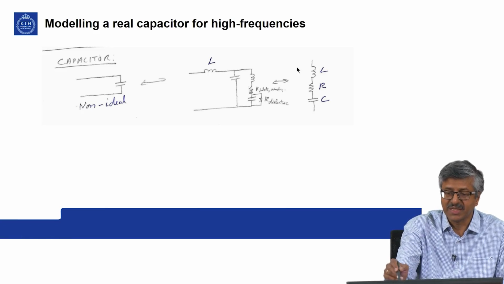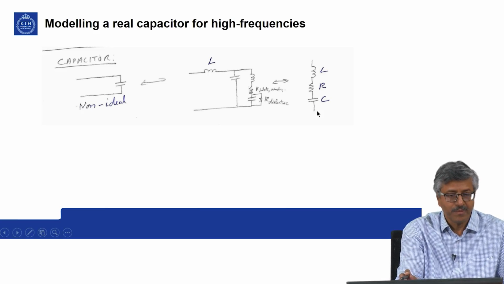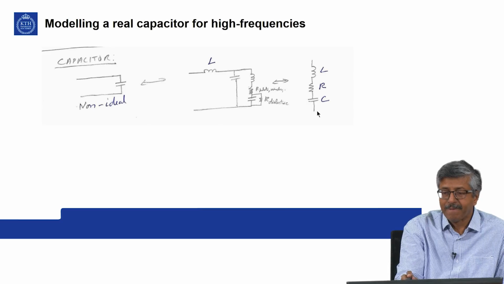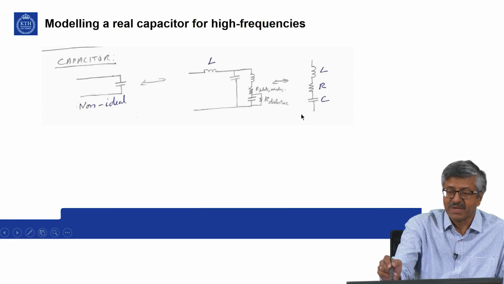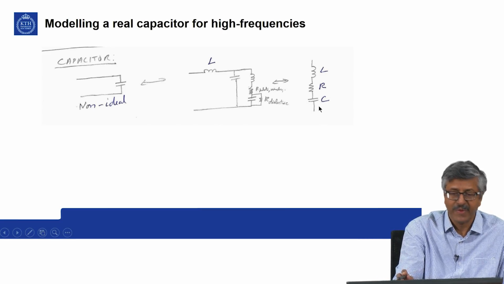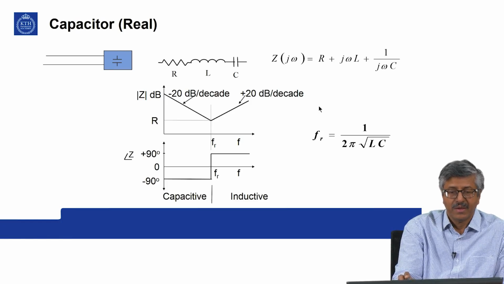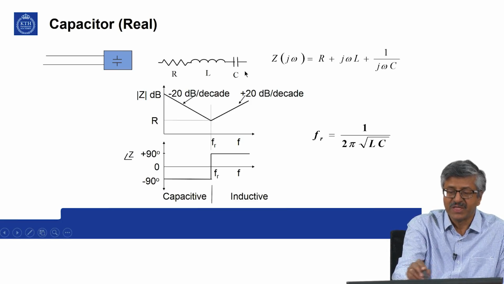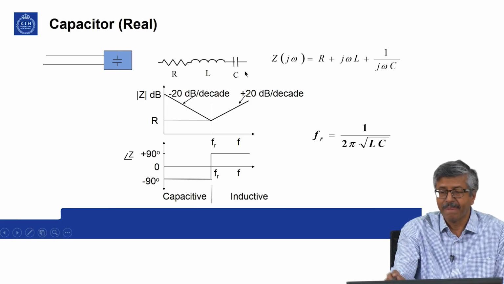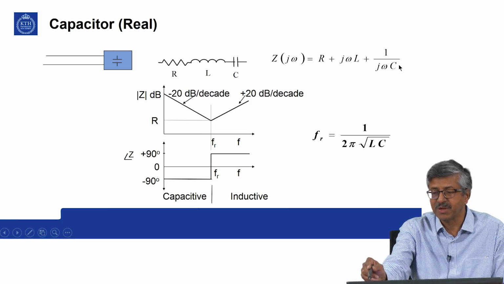So it is a series resonance circuit. Sorry, this is not an idealized capacitor, this is a real capacitor as opposed to an idealized capacitor C. If we write the impedance of this real capacitor, then we get R plus j omega L plus 1 by j omega C.